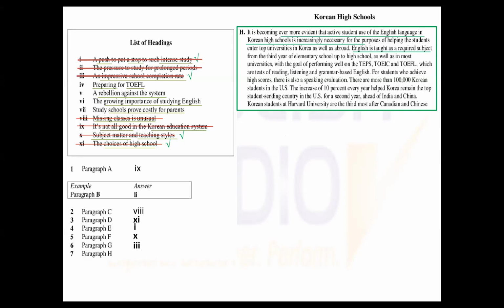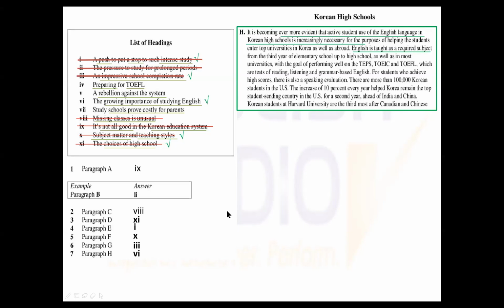The paragraph states that even more evident is the active student use of the English language in Korean high schools, which is increasingly necessary for the purpose of helping the students enter top universities in Korea as well as abroad. English is taught as a required subject from the 3rd year of elementary school up to high school. So the correct answer must be the growing importance of studying English. So the answer for number 7 is heading number 6.